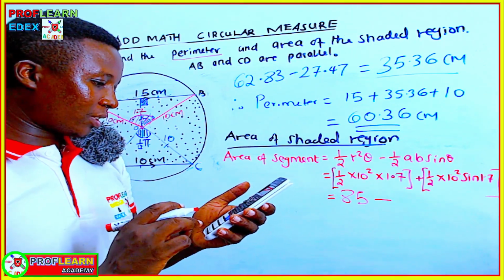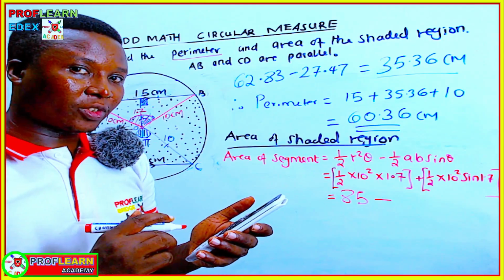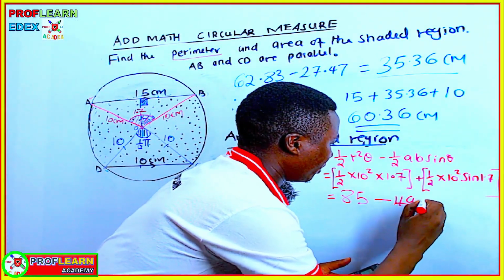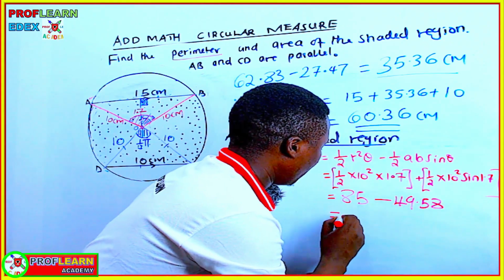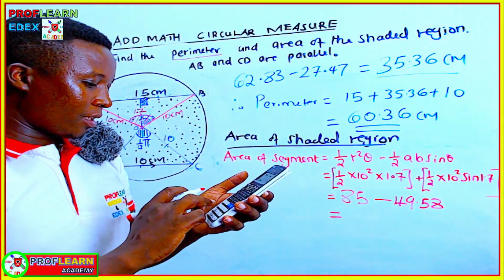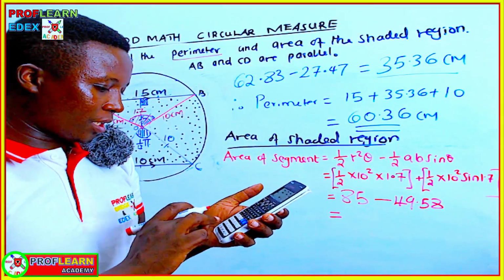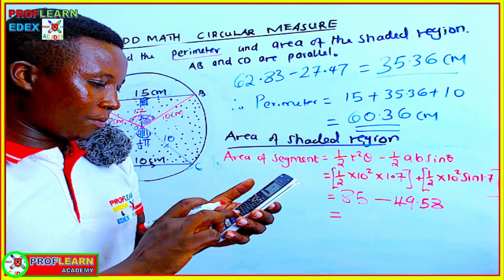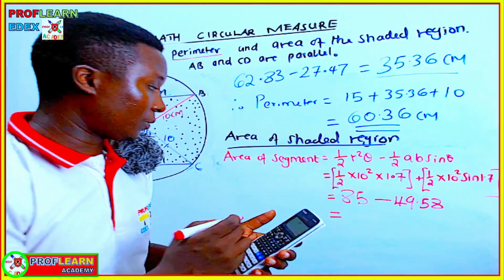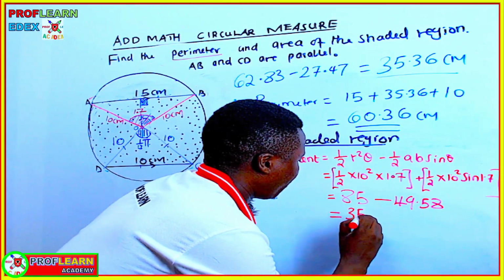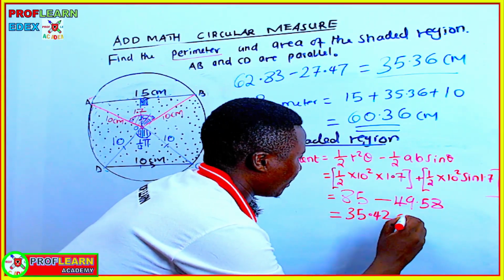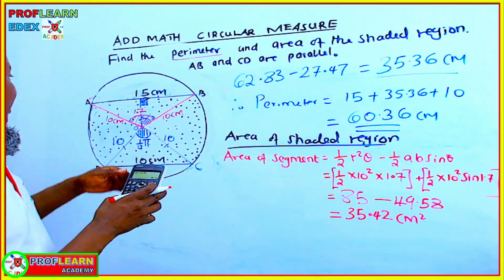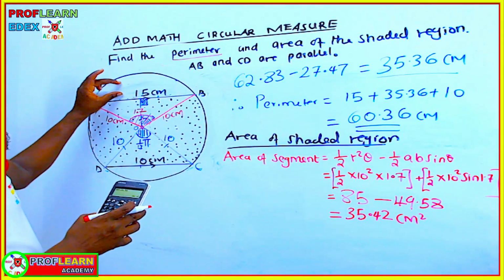If I work this out, I'm getting 49.58. So if I subtract 85 minus 49.58, I'm getting 35.42 centimeters squared. And this area represents the area of the white part here.